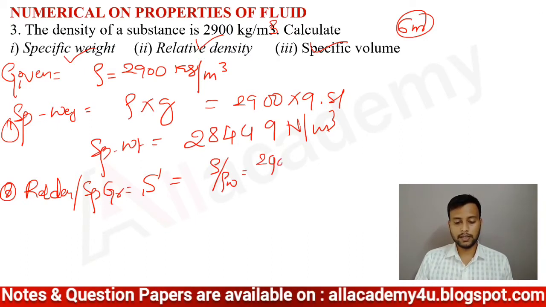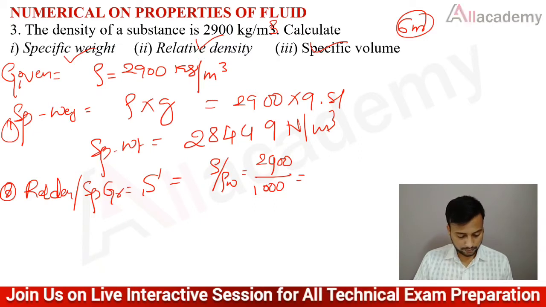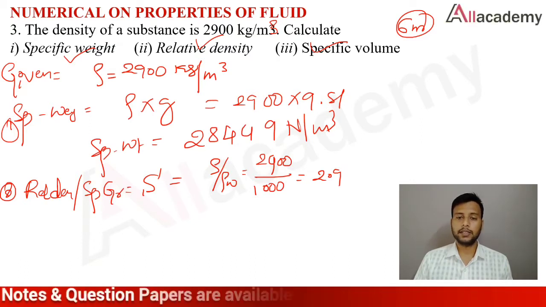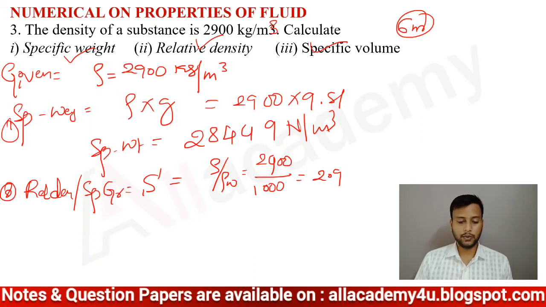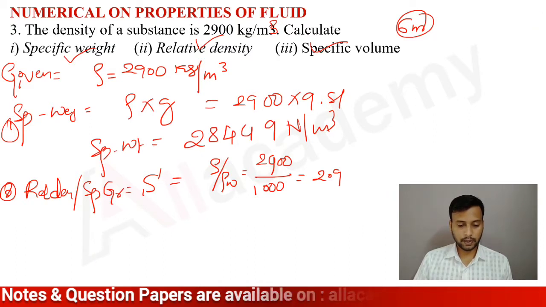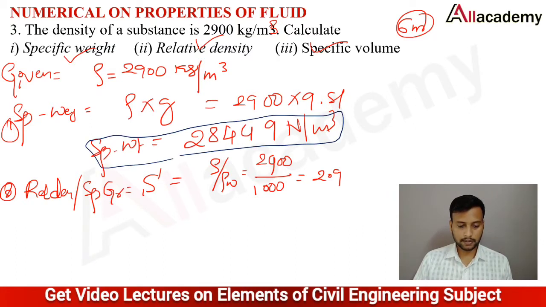Here the density is 2900 and the standard fluid is 1000, so your answer will be around 2.9. Since both have the same units, it is a unitless parameter.